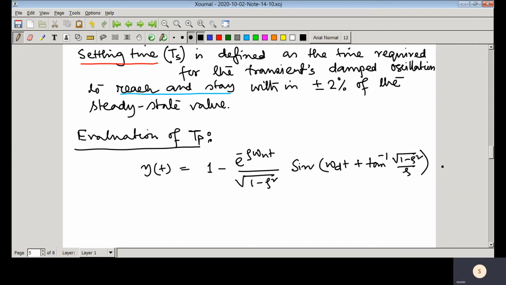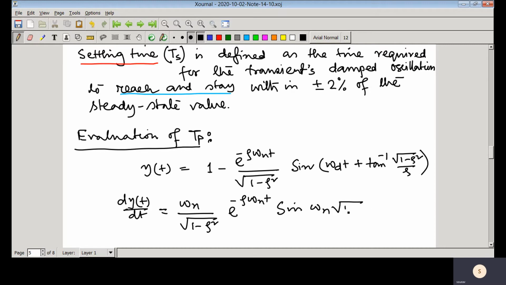So then if you take the derivative of that, dy(t)/dt, what we get is omega n minus 1 by square root of 1 minus zeta square, e to the power minus zeta omega n t, sine omega n square root of 1 minus zeta square t.